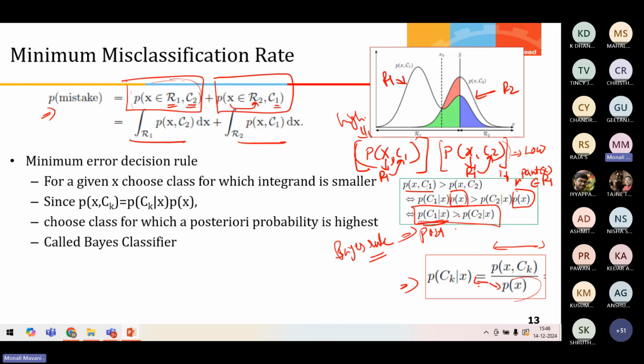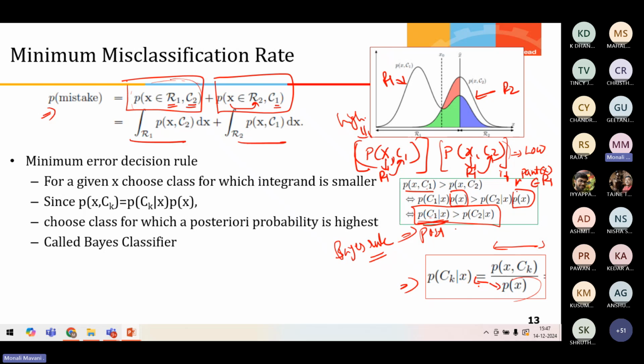This is what decision theory is trying to help us with: first calculate the probability, then compare the probability and make a decision. The various algorithms will give us these two class probabilities. How do we do a comparison? Whichever is the higher probability, we will denote that class. Here the C1 class probability is higher, so our prediction will say that this data belongs to the C1 class.